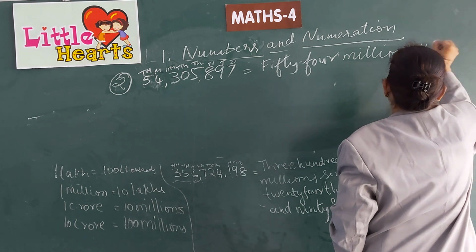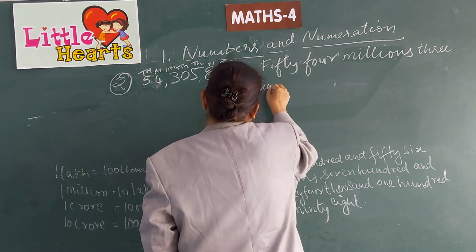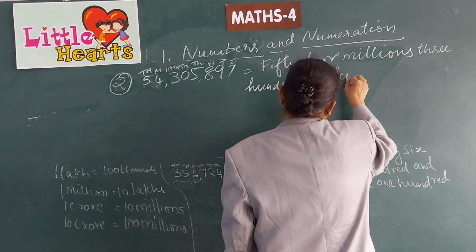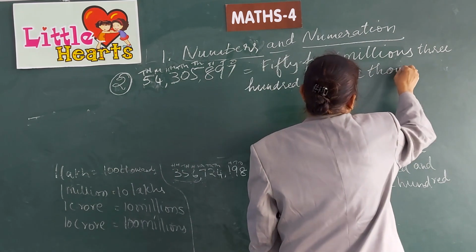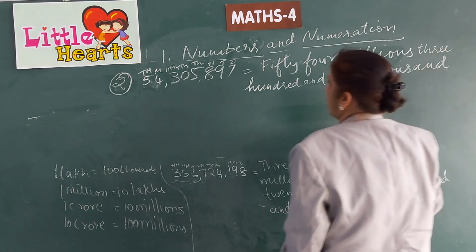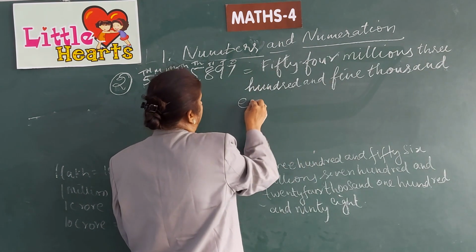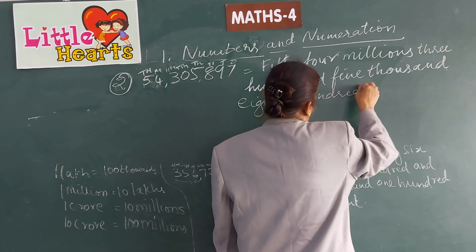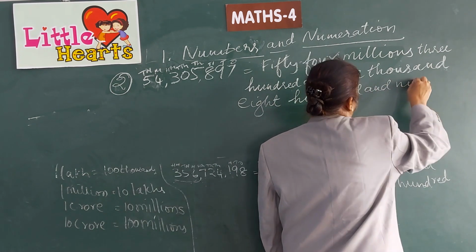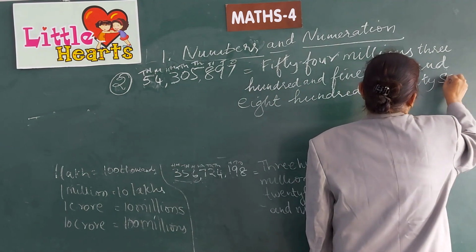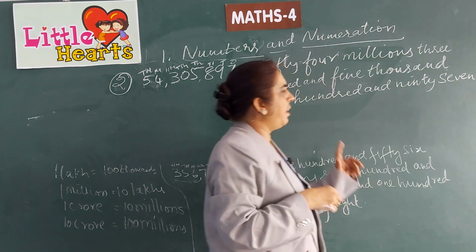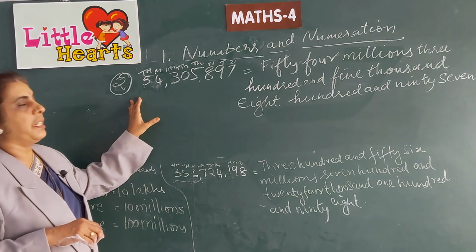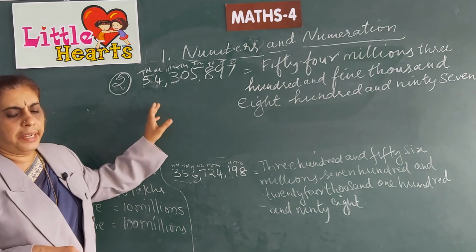305,000, 897. By seeing the commas itself, we can identify whether the number is in the international system or Indian system.